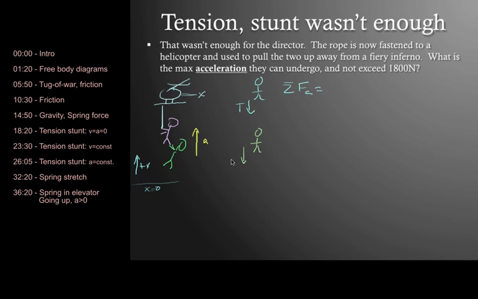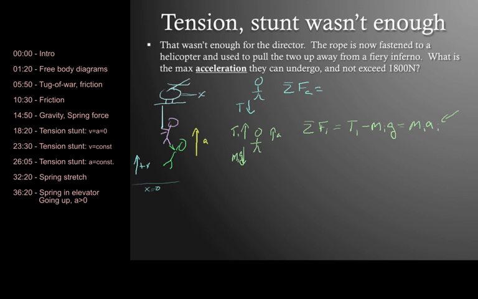So our informant just has M1G, and then there must be some T1 pulling him up. And then I also know that his acceleration is up. So now I can write out some of the forces on my informant. And I'm going to have T1 minus M1G is going to be equal to MI times AI. And I can just go ahead and be a little bit redundant about this AI.